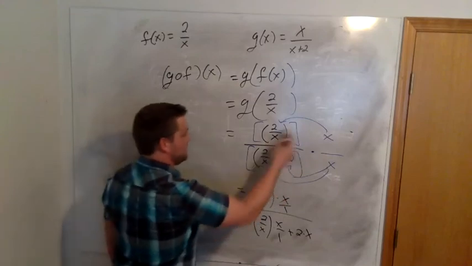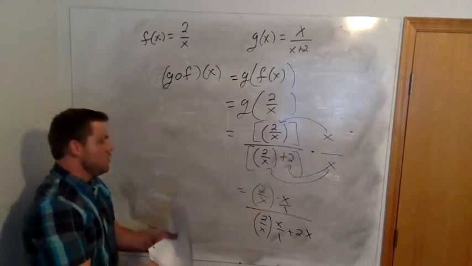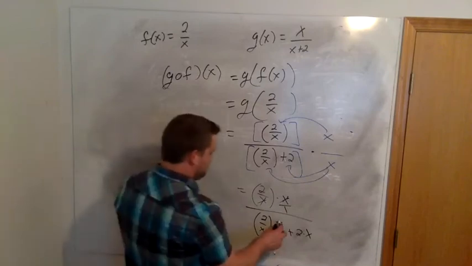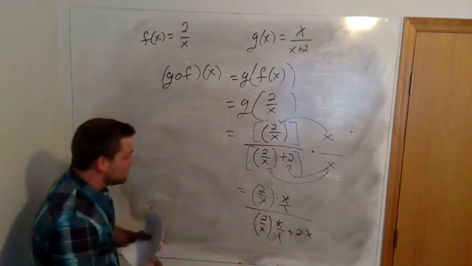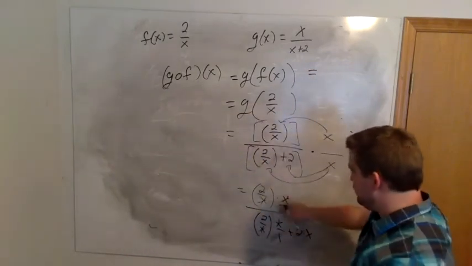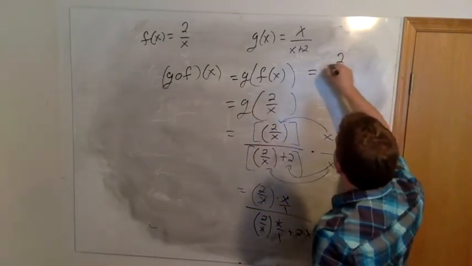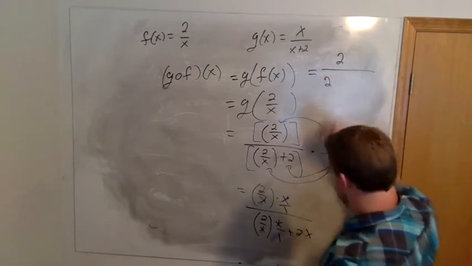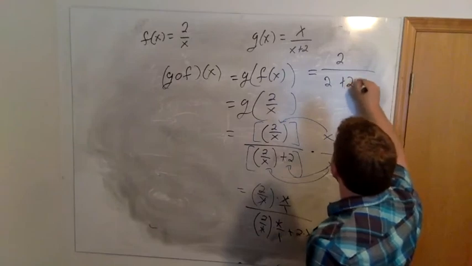So this x is hitting all these pieces. Notice, these x's cancel, heck yes. And these x's cancel, heck yes. What are we left with? In the numerator, we're just going to be left with a 2. And in the denominator, we're just going to be left with a 2 plus 2x. There we go.